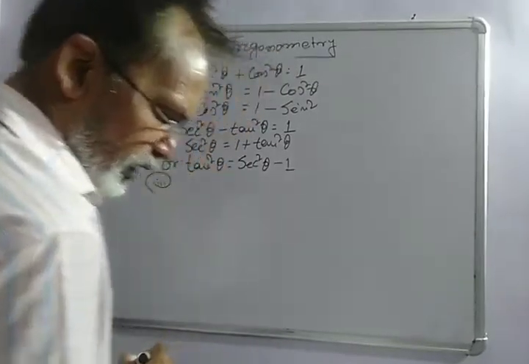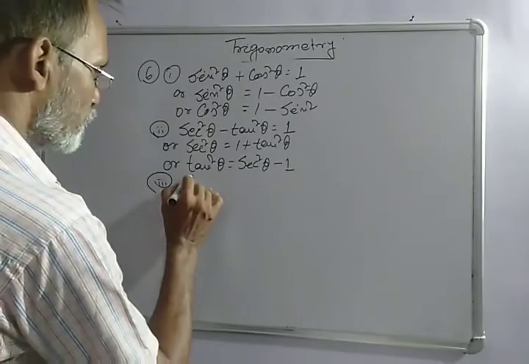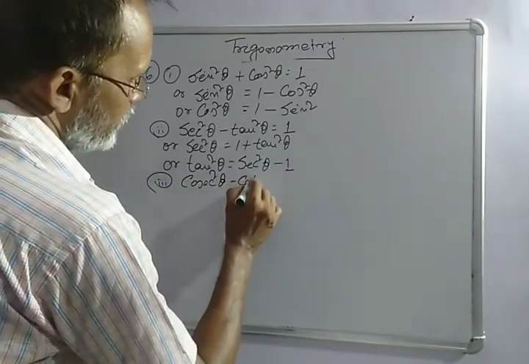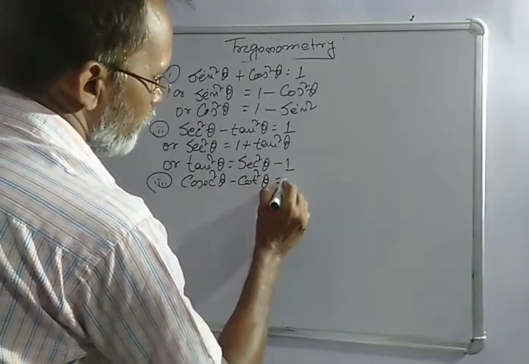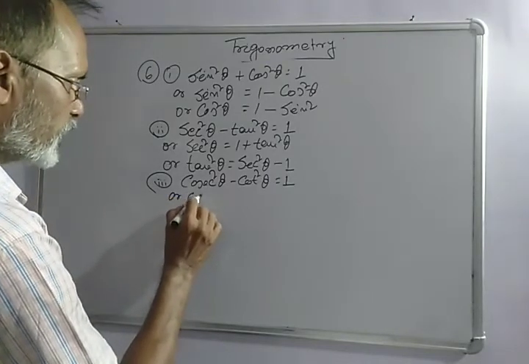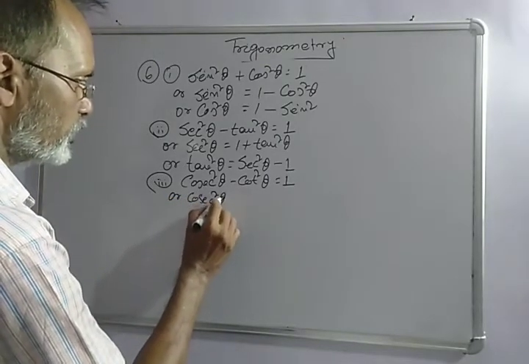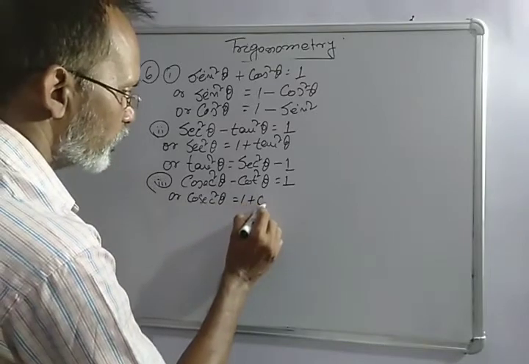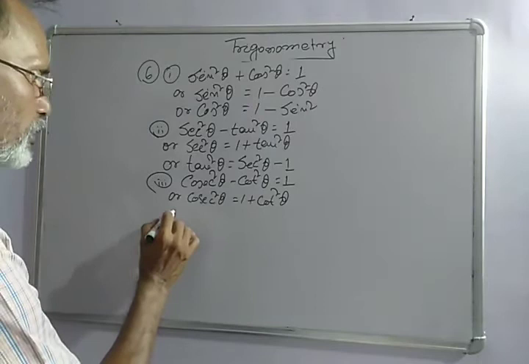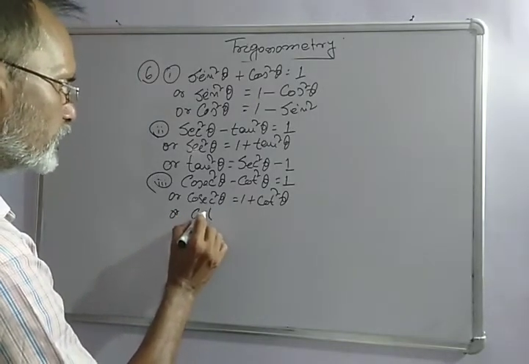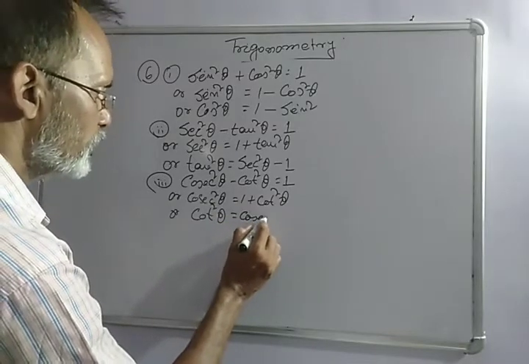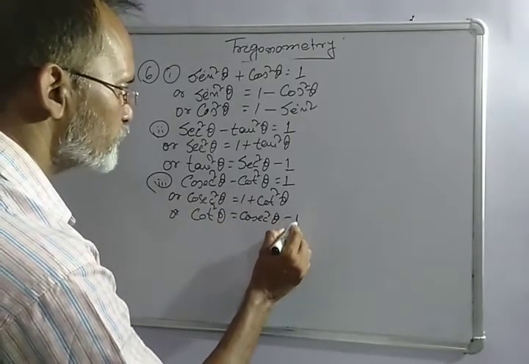Then number 3: cosec square theta minus cot square theta is equal to 1, or cosec square theta is equal to 1 plus cot square theta, or cot square theta is equal to cosec square theta minus 1.